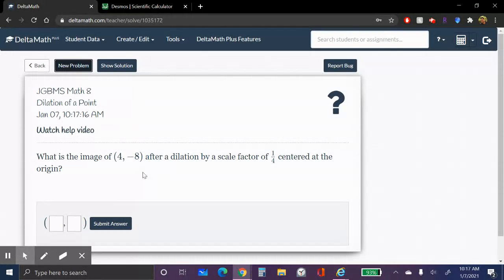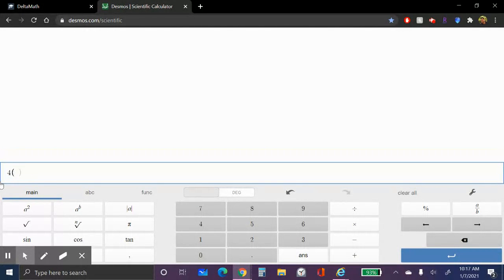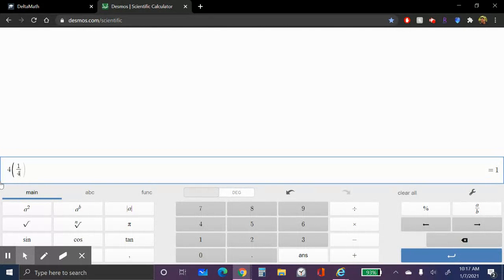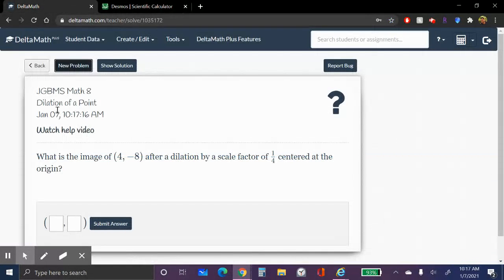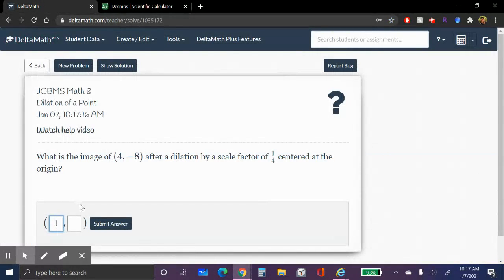There we go. Now, if you don't know what 4 times 1/4 is, again, use your calculator. 4 times 1/4 is 1. -8 times 1/4, so I'm just going to change that to -8, and then you get -2.